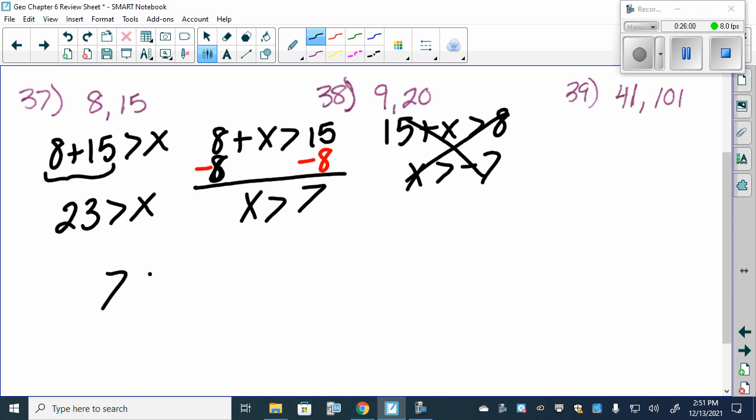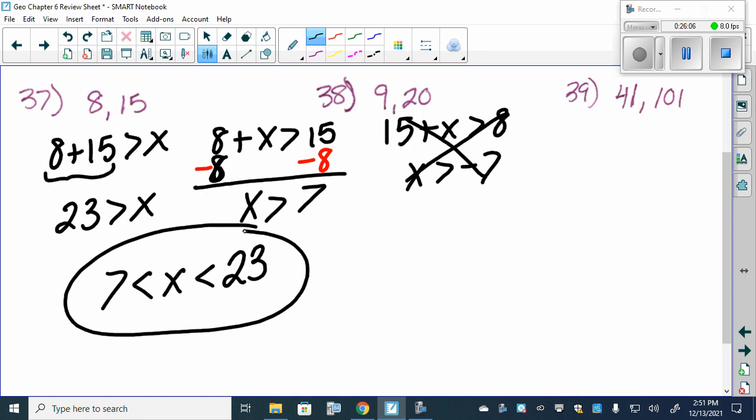Which means that 7 is less than x is less than 23, because x is bigger than 7 but is smaller than 23. So the third side has to be between 7 and 23.